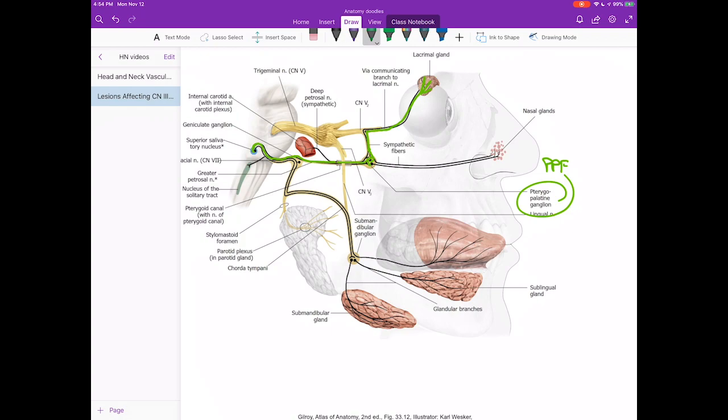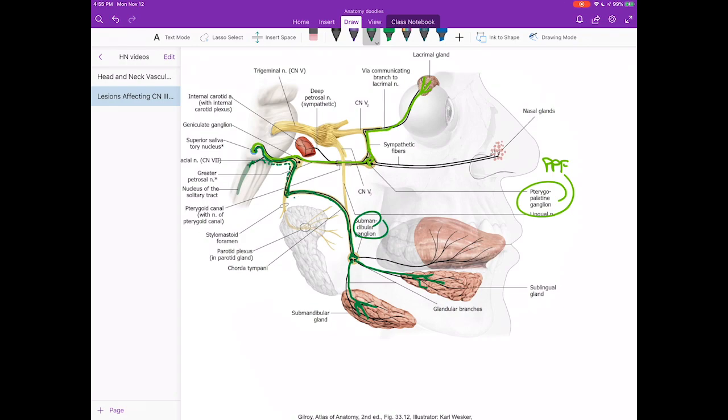They will travel again through the geniculate ganglion, but not synapse there. This is carrying both taste for the anterior 2/3 of the tongue and also visceral motor. So I'm drawing the visceral motor part that's going to synapse at the submandibular ganglion and innervate the submandibular gland and the sublingual gland.